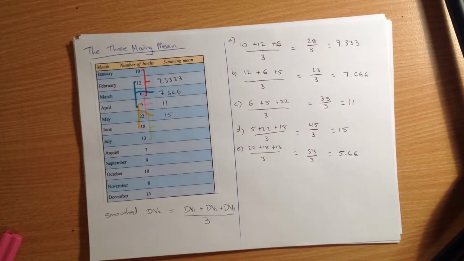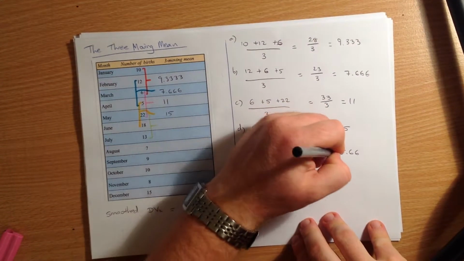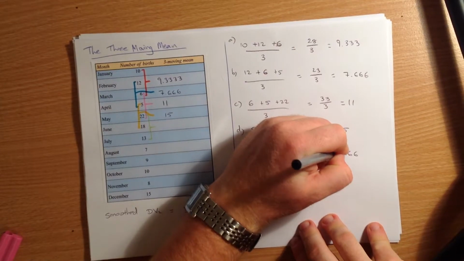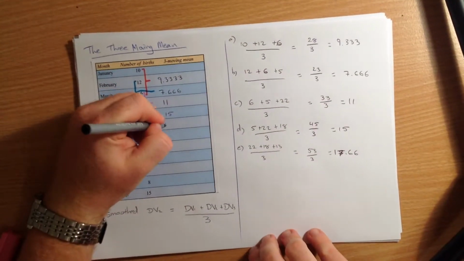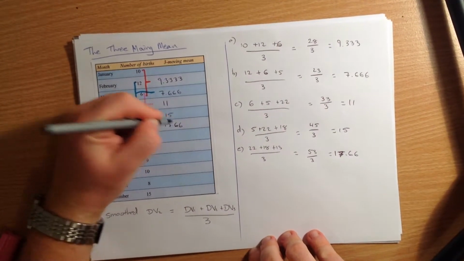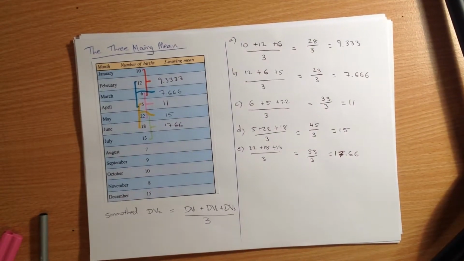That's ridiculous. 53 over 3 must be 17.66. 17.66. Let's smooth our next one.